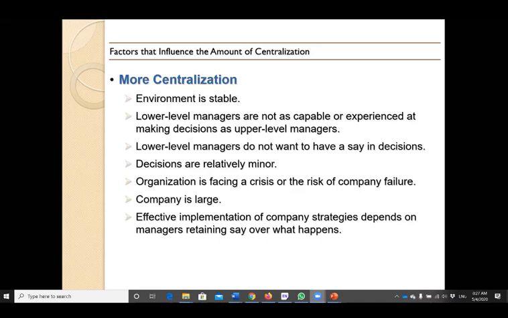Okay, in my opinion, because the time is often short in this case, you need to act very fast because you are facing a crisis or the risk of company failure, right? So if you organize a very large meeting for all of the lower level managers to join, it will take you a lot of time.